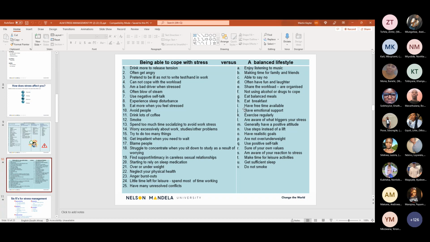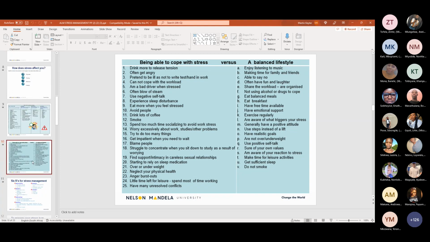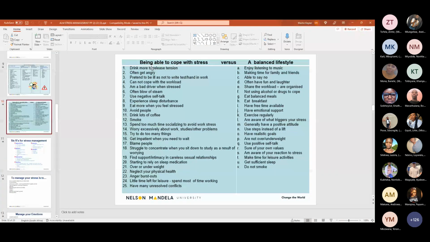That's numbered A to V. So check them out, and in your assignment, first acknowledge what you're doing that's less effective, and then look at the ones in the right-hand box and consider whether one of them would be an option for you to take as a stress management tool.